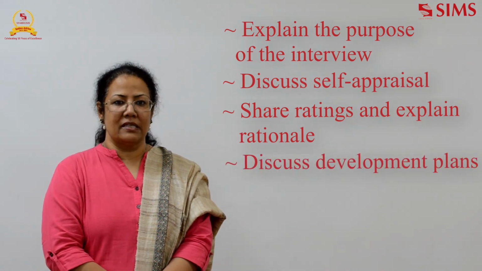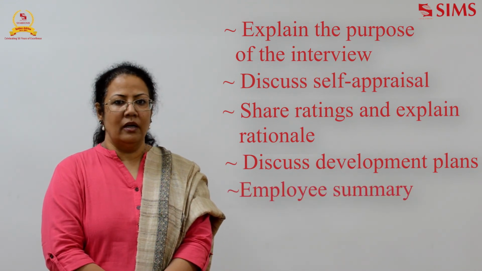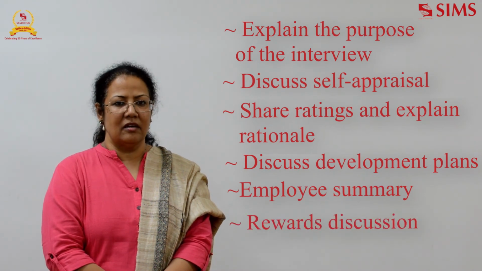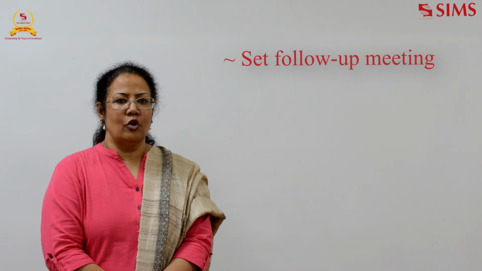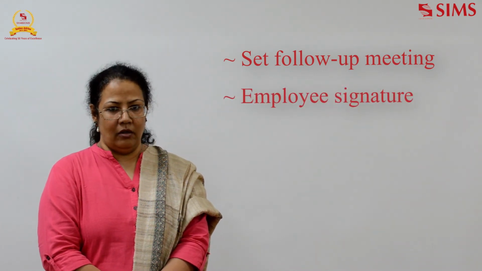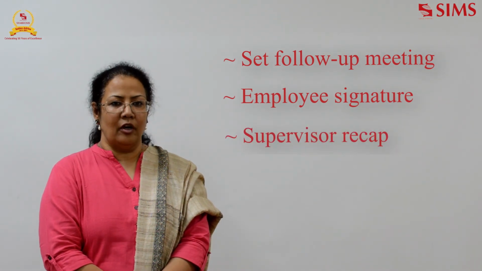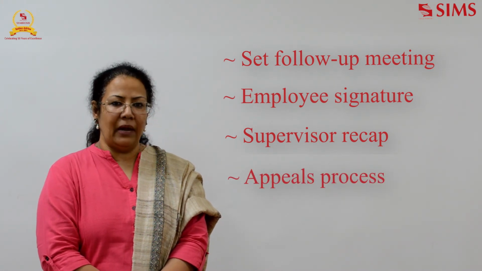Development plans should be discussed with the employee. Employee summary should be written down. There should be a section where rewards are discussed with the employee if it is found appropriate, and a follow-up meeting should also be set. Employee signatures should be taken on the documents. Supervisor should also give a recap of the whole process, and the appeals process should be explained to the employee.